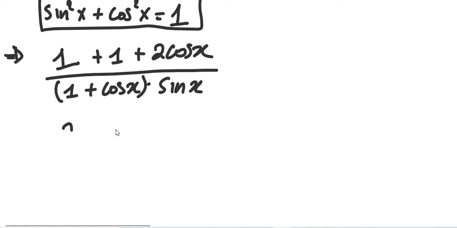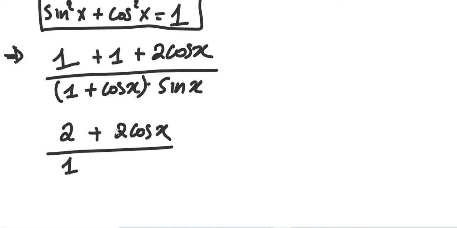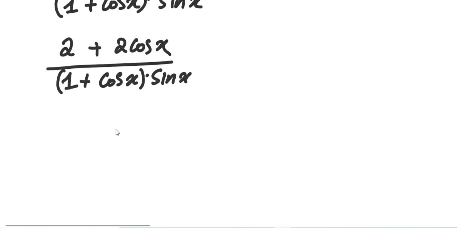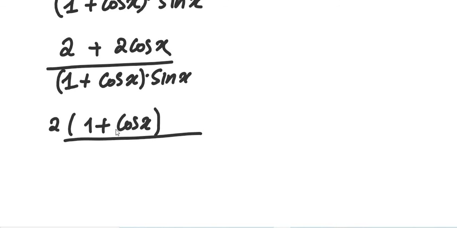I will obtain 2 plus 2 cos x divided by (1 plus cos x) times sine x. Factoring the 2 out, I will have 2 times (1 plus cos x) divided by (1 plus cos x) times sine x.